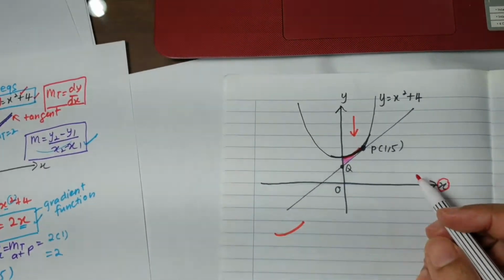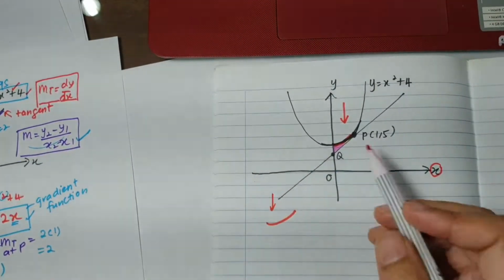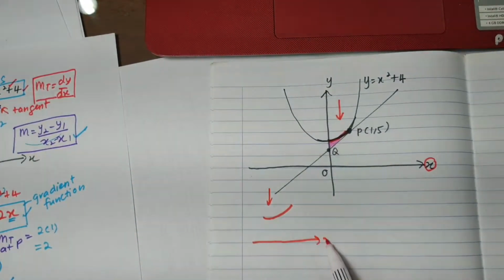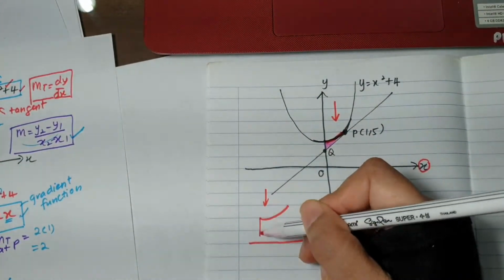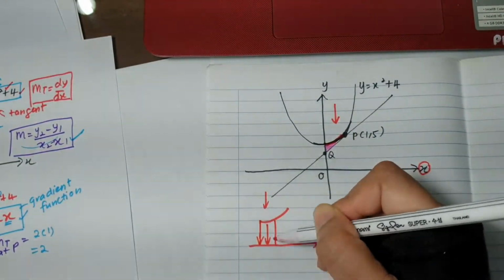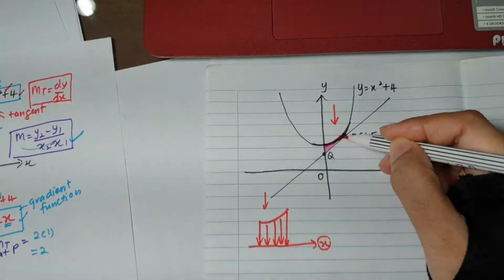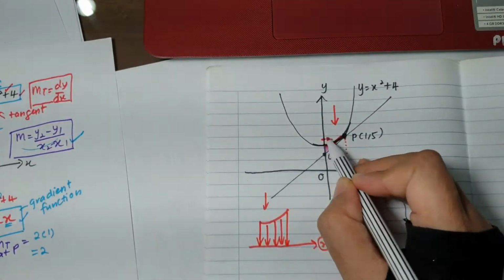So the area under the curve, bounded by the x-axis. This is your x-axis. Under the curve, go down, down, down. You have a point here. This is 1 and here is 5.